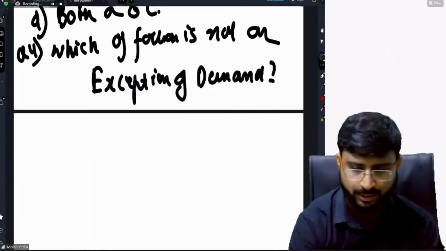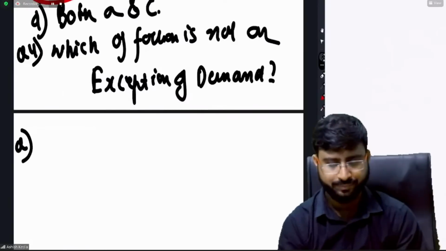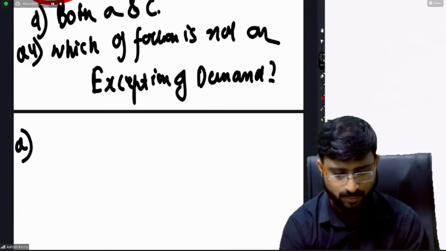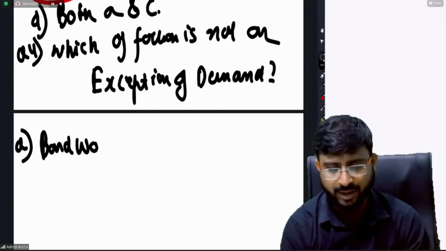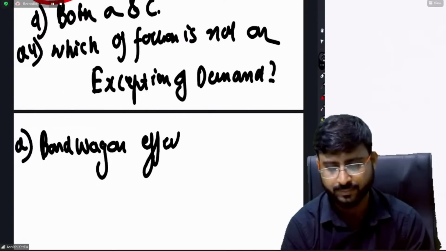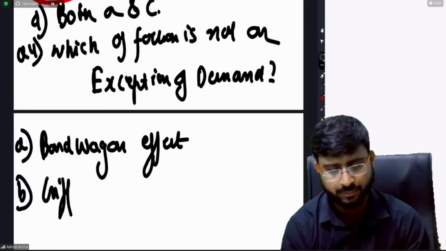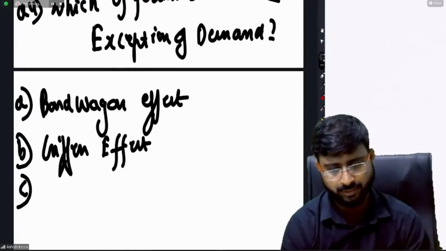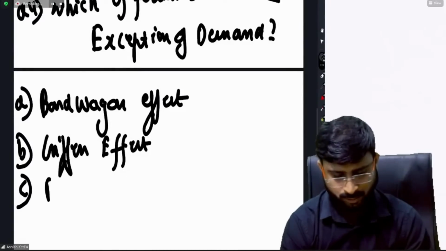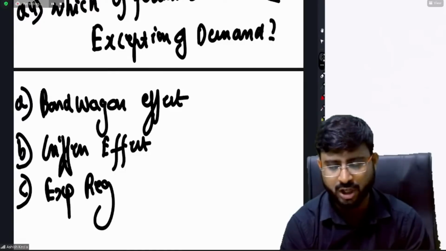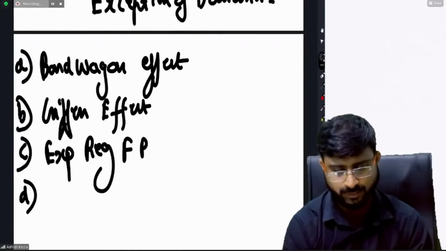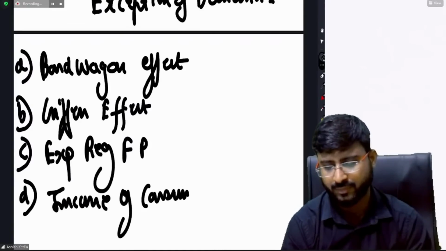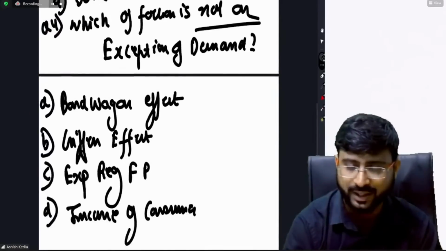So your options are A, bandwagon effect, B, Giffen effect, C, expectations regarding future prices, D, income of consumer. Which of the following is not an exception of demand?